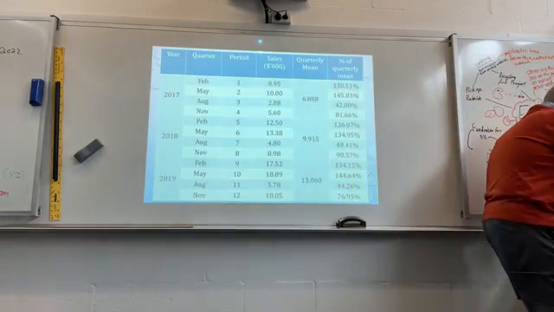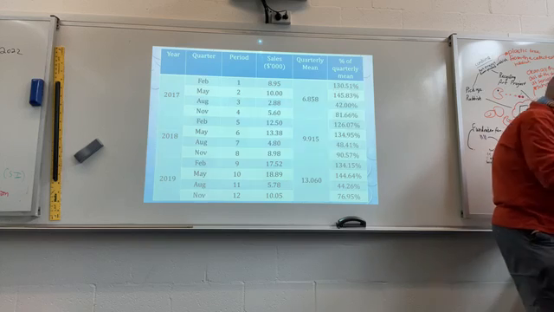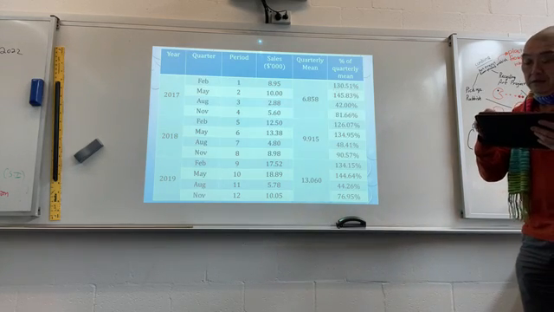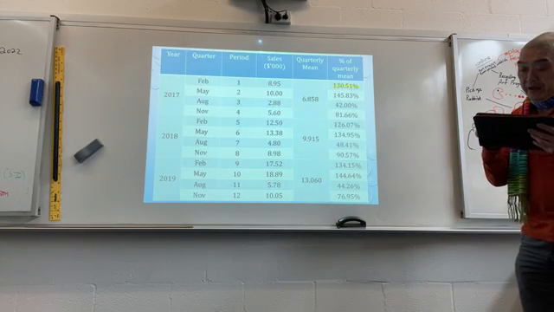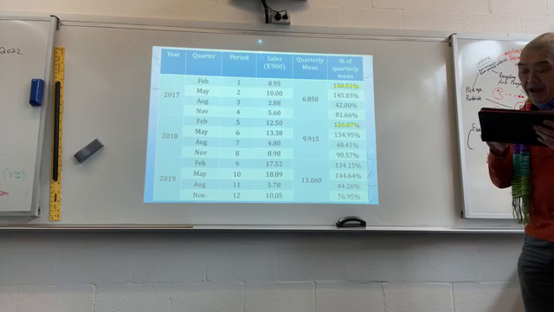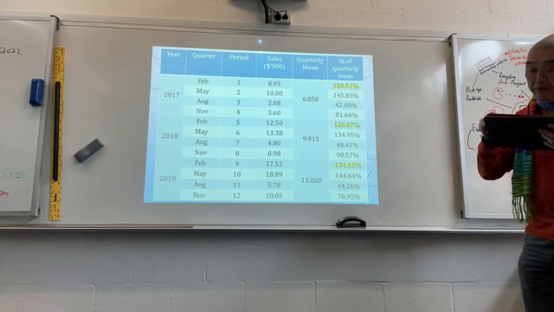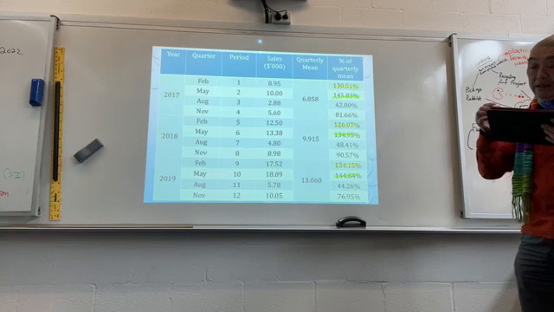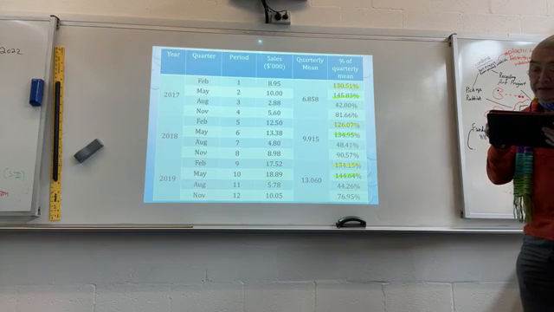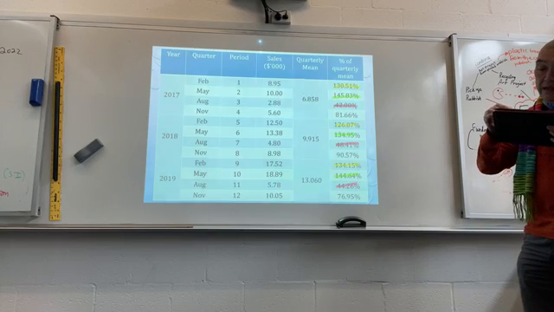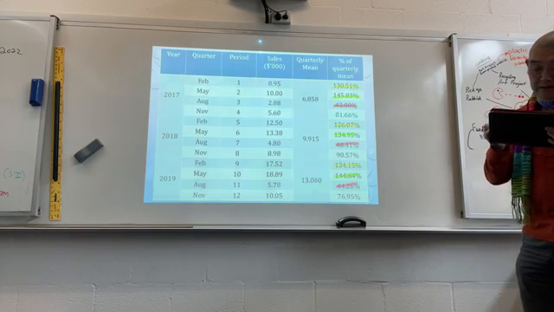So what we're going to look at is, let me highlight this here, February, February, and February. And we'll look at May quarter, May quarter, May quarter, and then the August quarter, and then the November quarter.